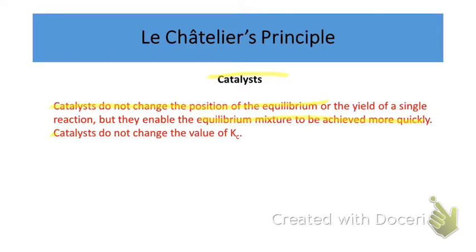Okay, and like everything else other than temperature, catalysts do not change the value of Kc at all. Okay, so again, concentration changes, pressure changes, and catalysts do not change the value of Kc. Only a change in temperature will affect the Kc value.